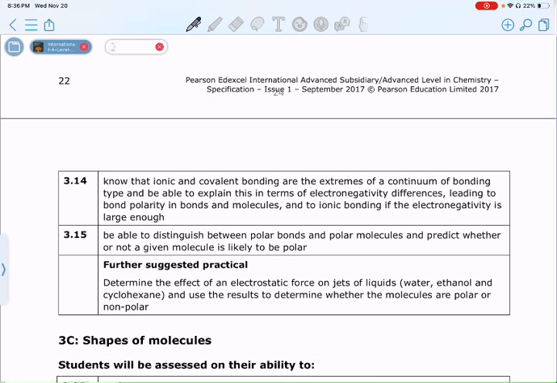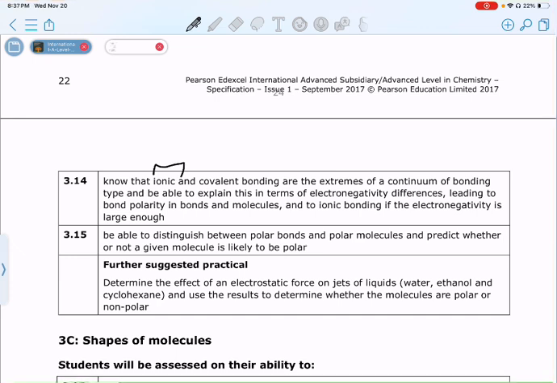Know that ionic and covalent bonding are the extremes of a continuum of bonding type, and be able to explain this in terms of electronegativity differences leading to bond polarity in bonds and molecules, and to ionic bonding if the electronegativity difference is large enough. Ionic and covalent bonding essentially work like this.